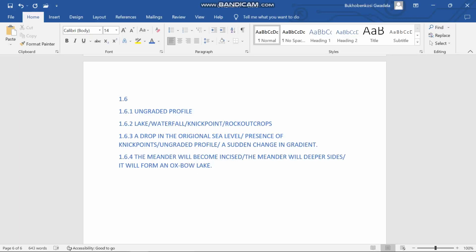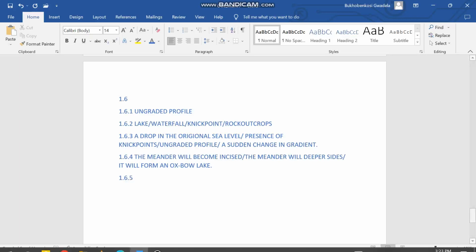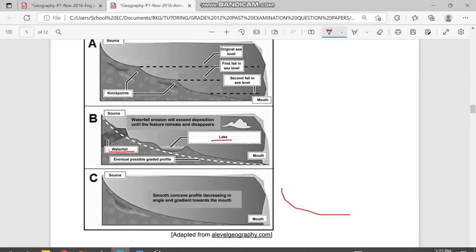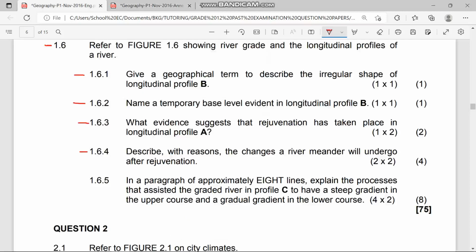So, 1.6.5. Let's move quickly to 1.6.5. It says in a paragraph of approximately 8 lines, meaning that those 8 lines must be full of information.